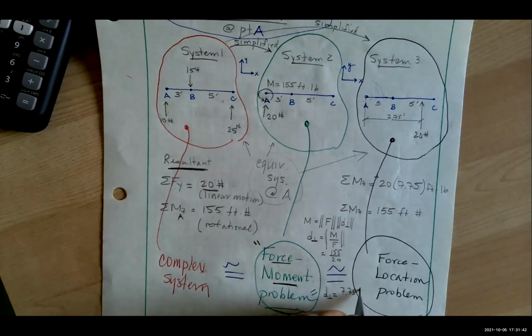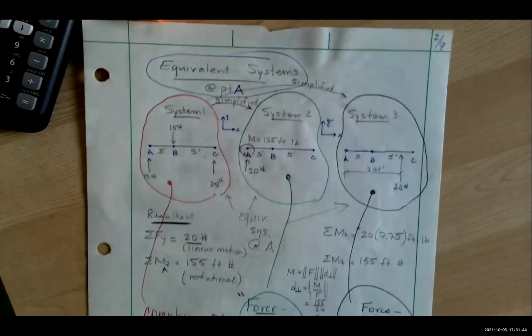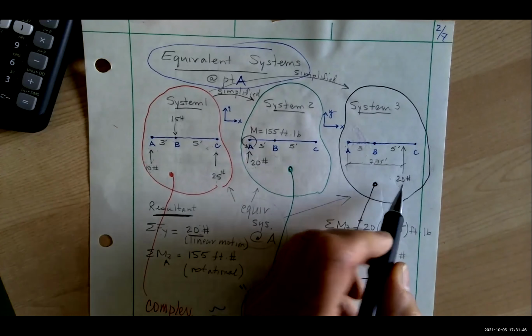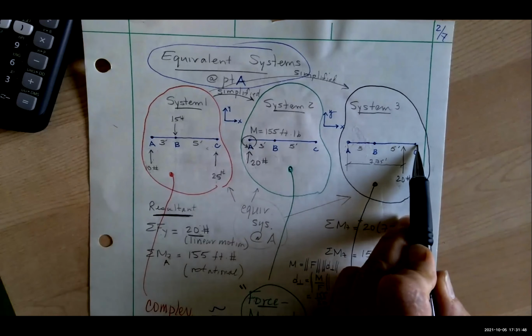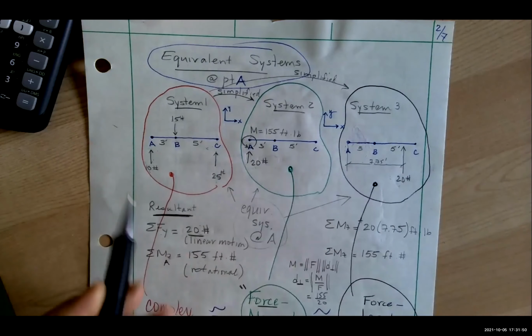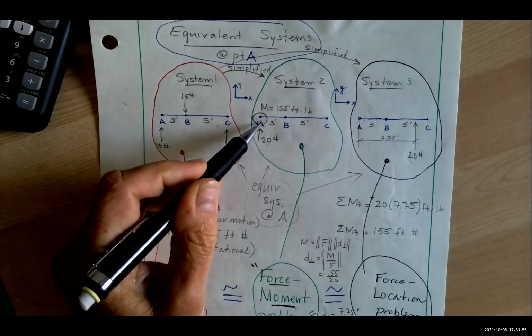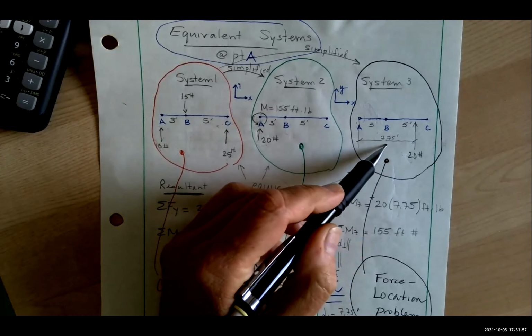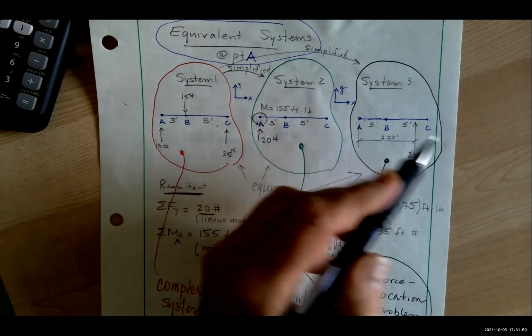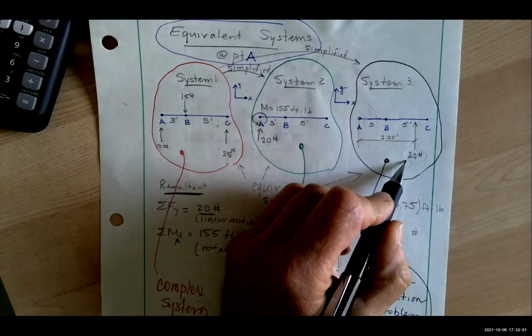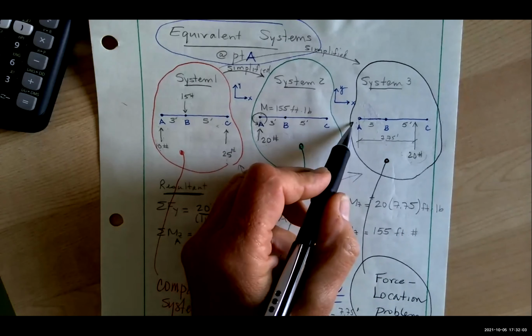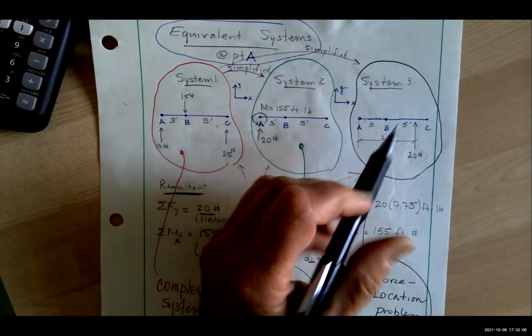7.75 feet. So if I locate 20 pounds at a distance on the beam and divide the 155 foot-pound moment by the 20 pounds, I could find the distance where I could put this 20 pounds that creates the same resultant.